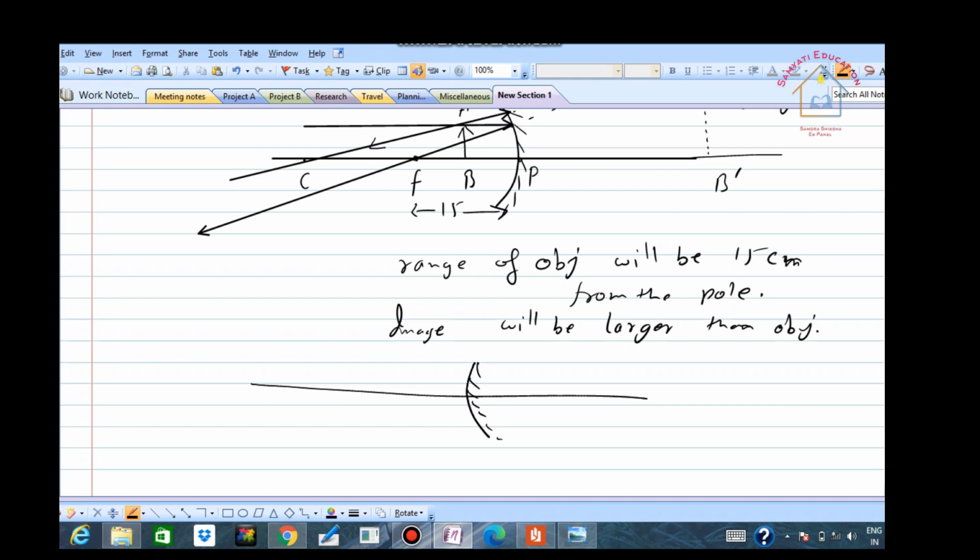If we place an object anywhere in front of a convex mirror, then the image will form behind the mirror and the image will be a virtual image, due to which it can cover a large area. If a convex mirror covers a large area, then the driver can see a large area of traffic, due to which we will use a convex mirror for the rear view mirror.